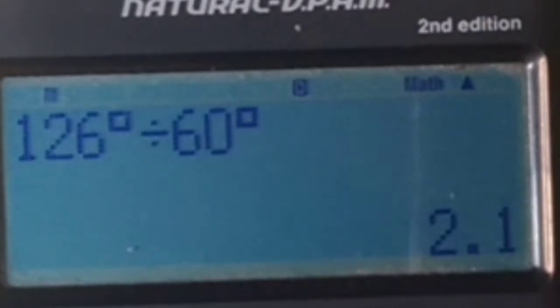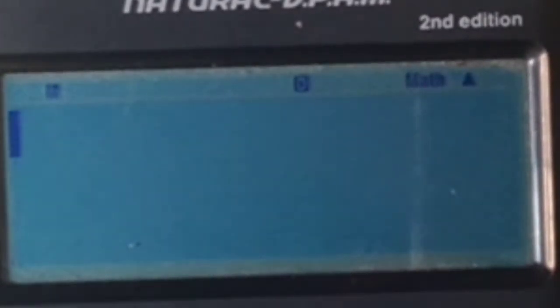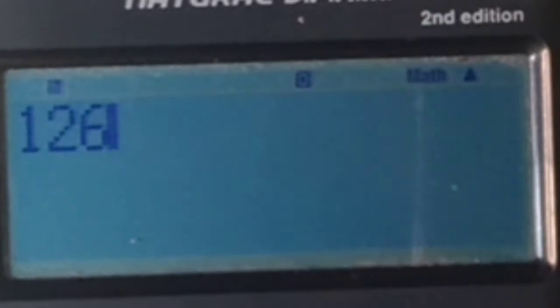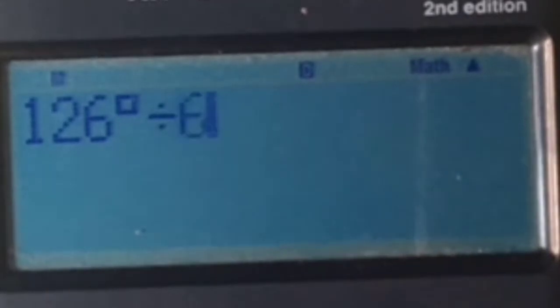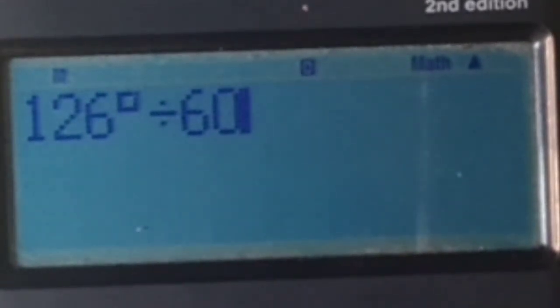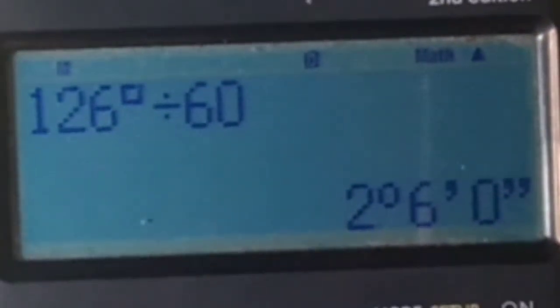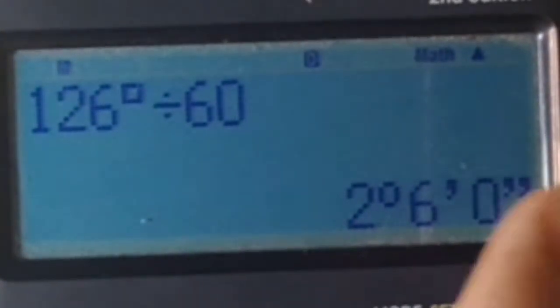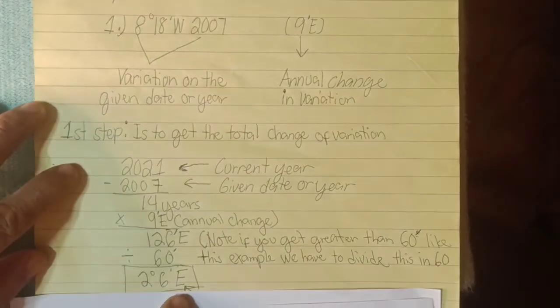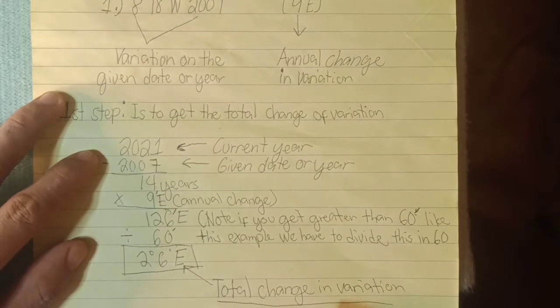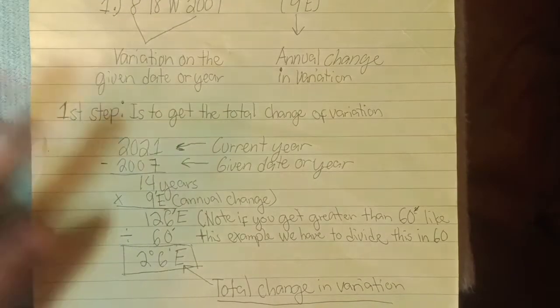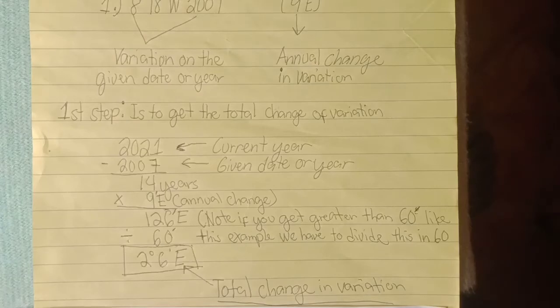Instead, input the numbers this way: 126 minutes divided by 60 equals 2 degrees 6 minutes east. So we get the total change in variation, which is the total change until 2021, or 14 years.